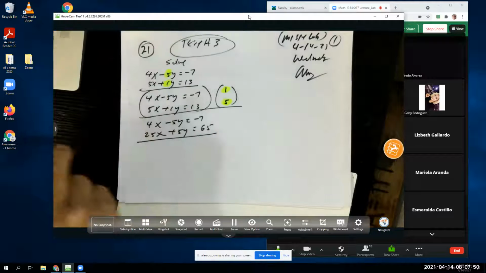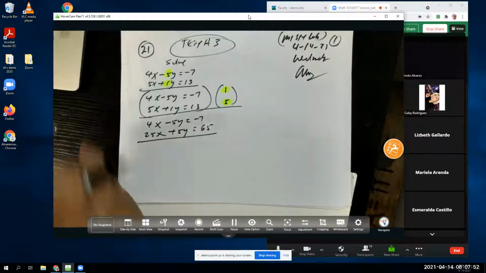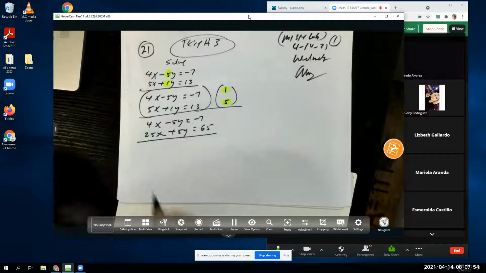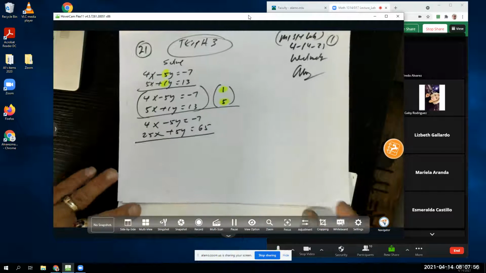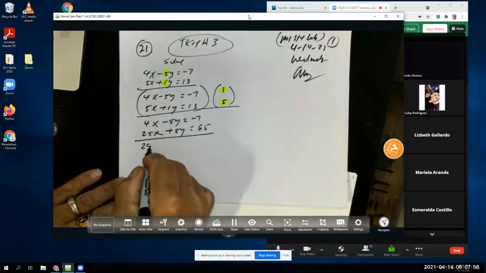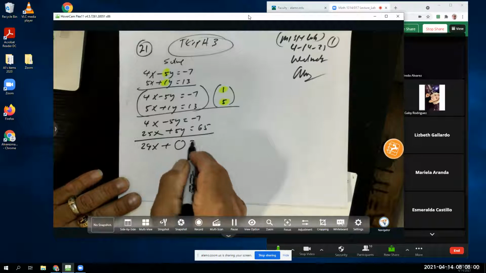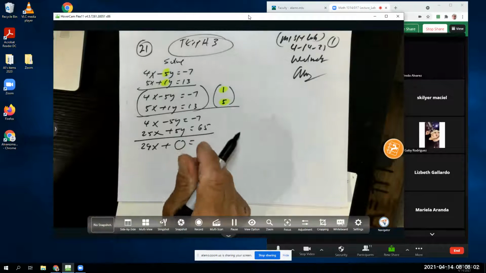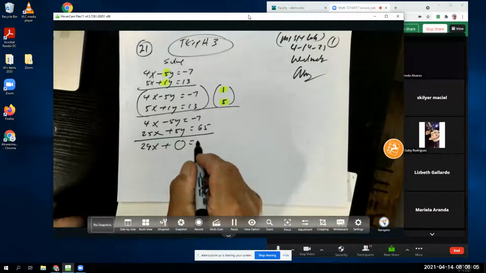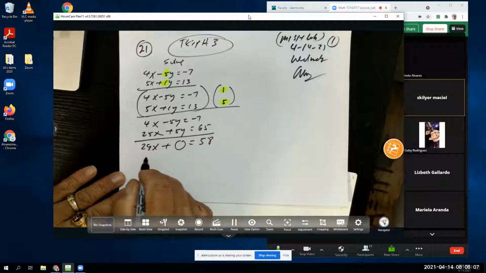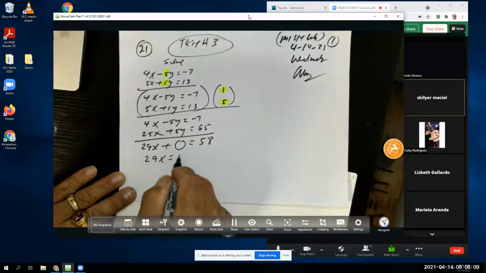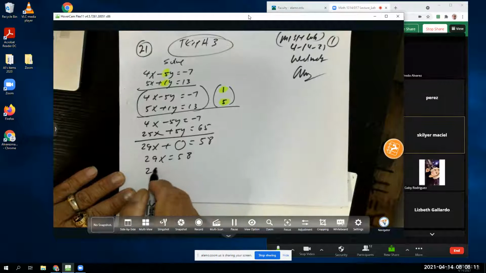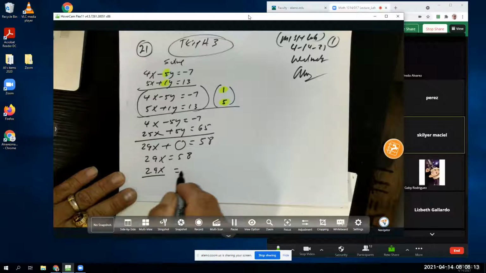Now, next step is add them straight down. So that's going to be 29x plus 0, and 65 minus 7 on your calculator is 58. So 29x is 58. Now, last thing, divide by something.